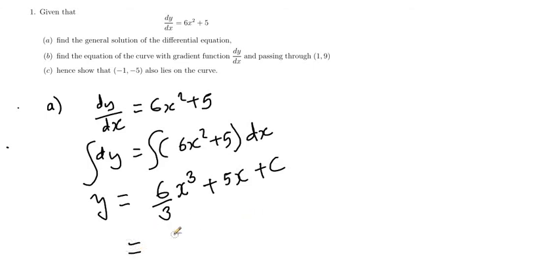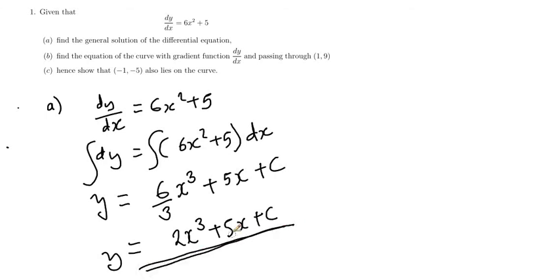This is the same as saying 2x power 3 plus 5x plus c. So this is what y equals, or this is what the general solution of the differential equation is.